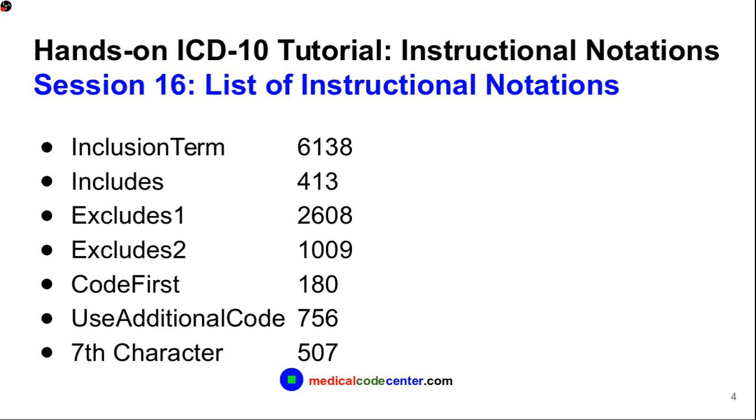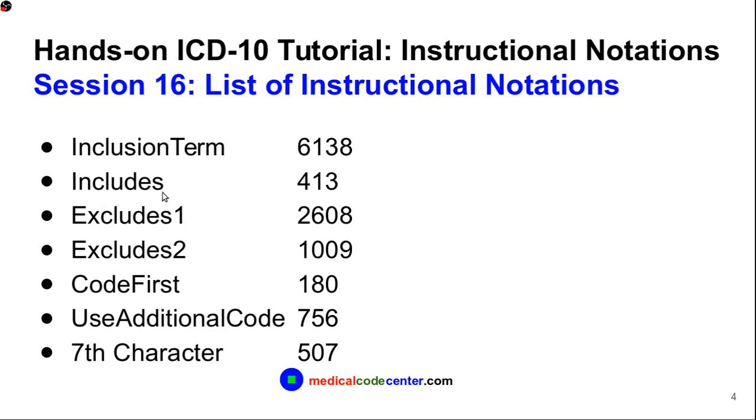So here I will give you a list of all the instructional notations. The first column here is the type of coding notes. We have 7 types of coding notes, and then here we list the number of notes appearing in the coding book. Say, for example, inclusion terms, we have around 6,000 of them in the coding book.